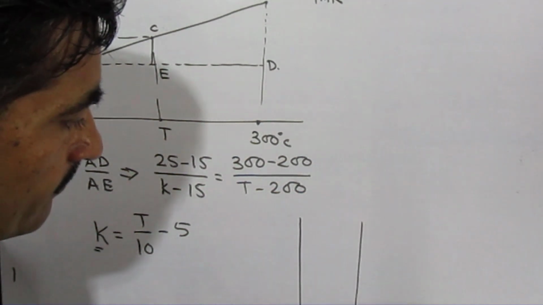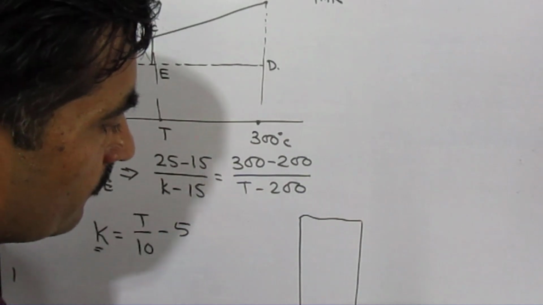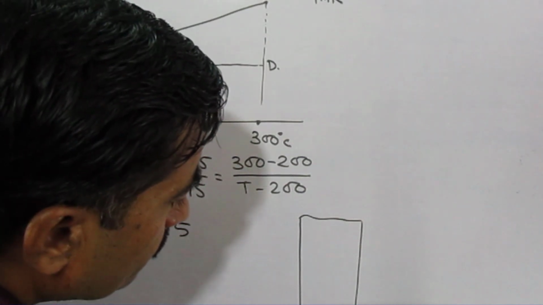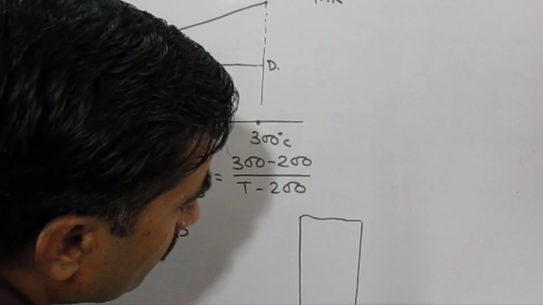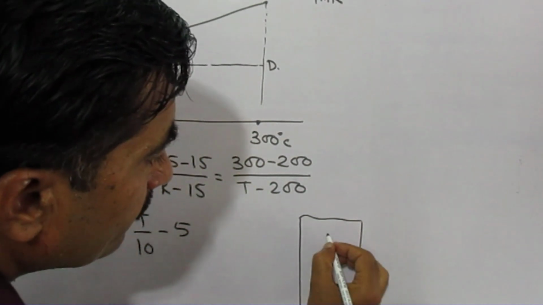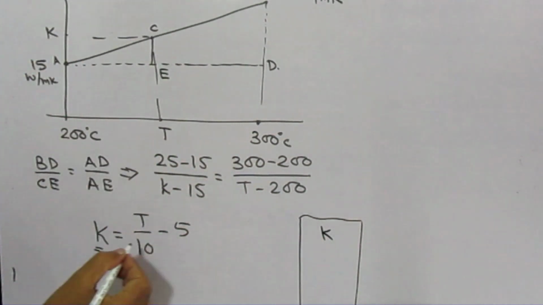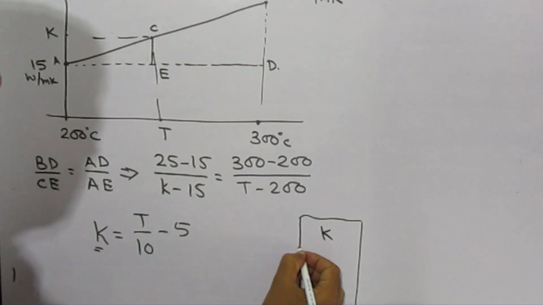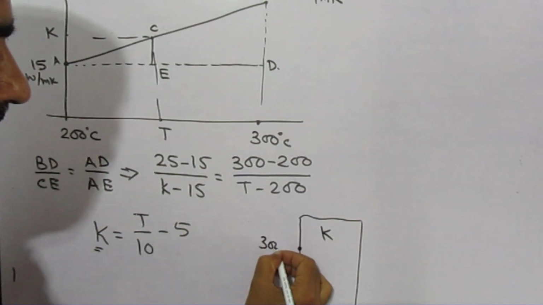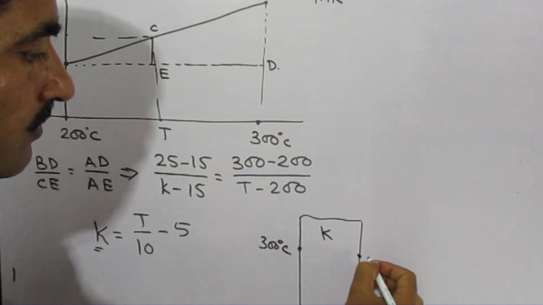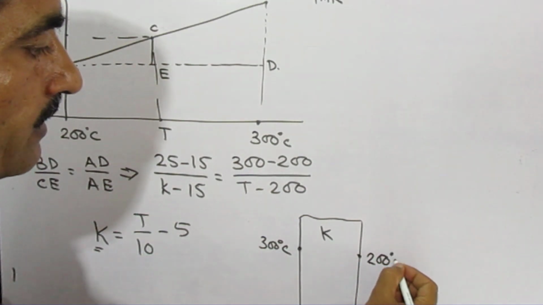Now applying, so this is the slab of thickness 0.5, K which varies with T, temperature 300 degrees centigrade, and on the other side 200 degrees centigrade.